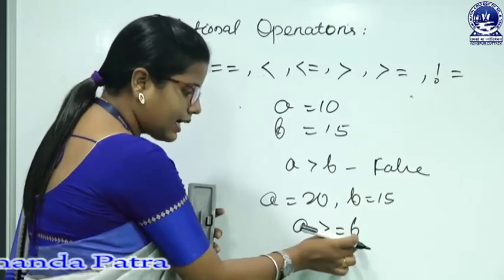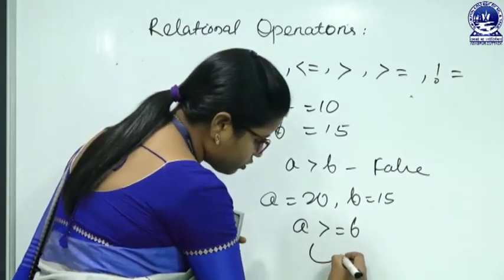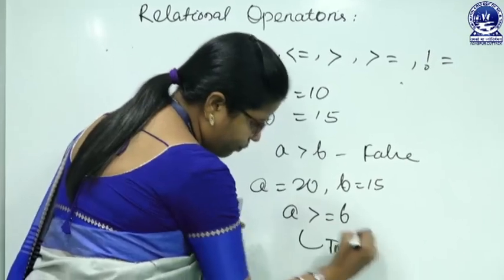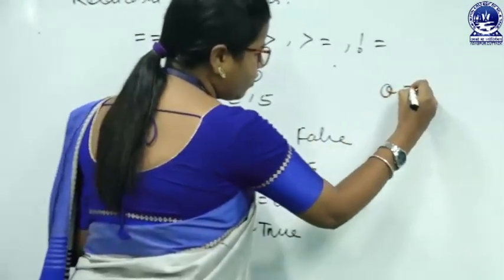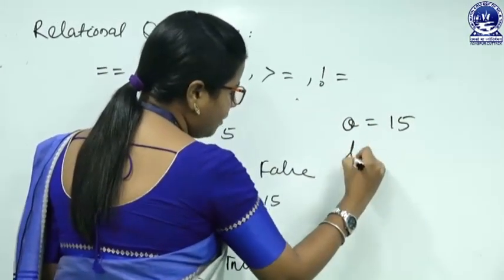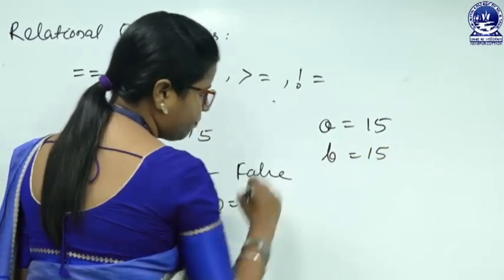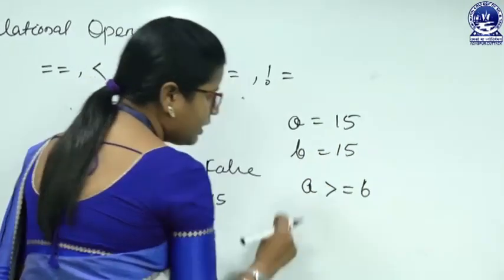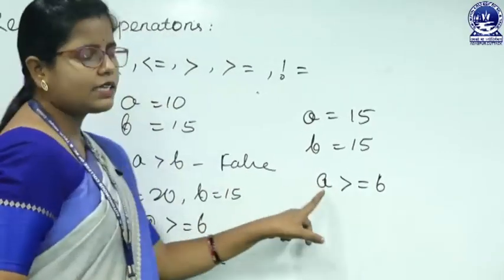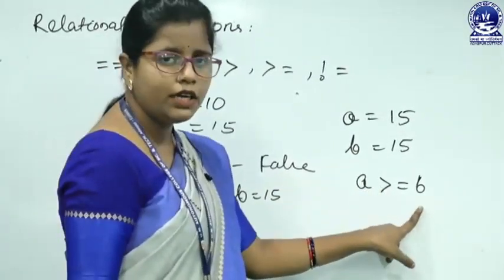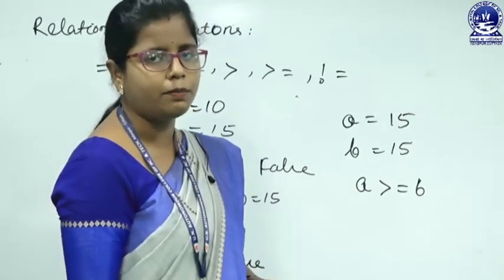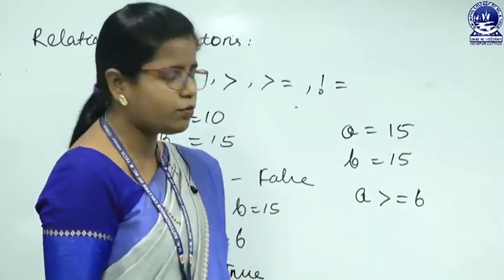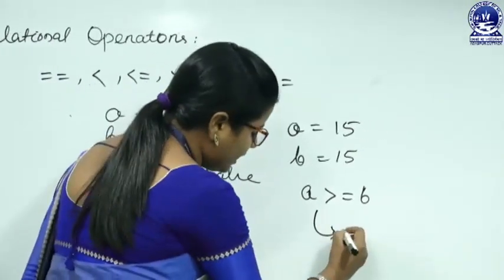Yes, 20 is greater than 15, so it will result as true. Suppose A equals to 15 and B equals to 15. So, A greater than equals to B. 15 is not greater than 15, but 15 is equals to 15. So, it will result as true.